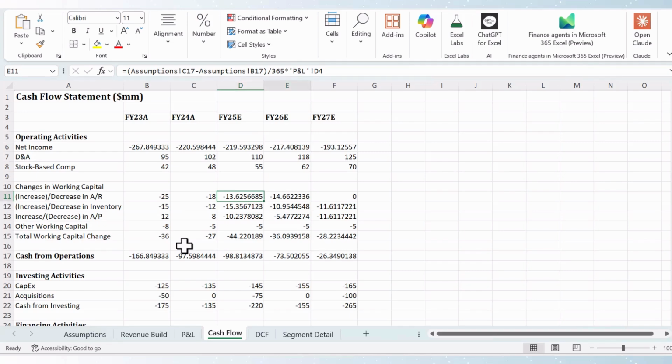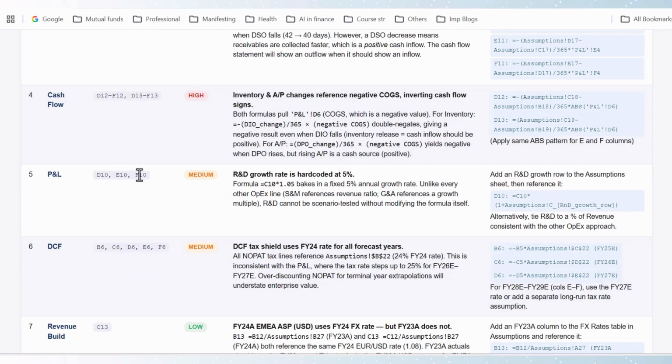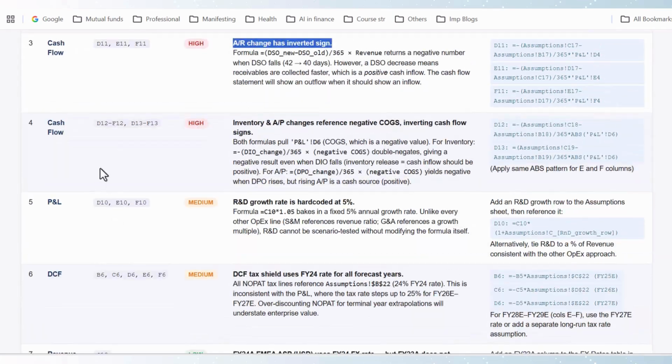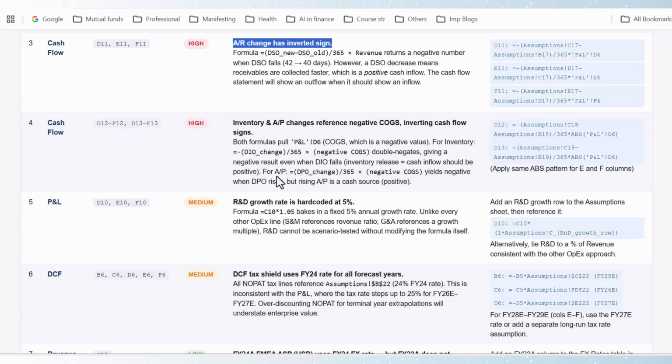So this is a common problem with the cash flows. So it is saying in AR the change has an inverted sign. Now moving on to cash flow again, D12 is changes to the inventory. It has again highlighted an inverted sign that is happening with the inventory changes.